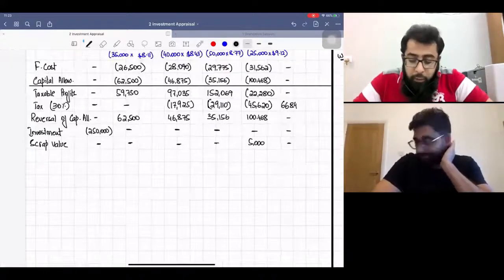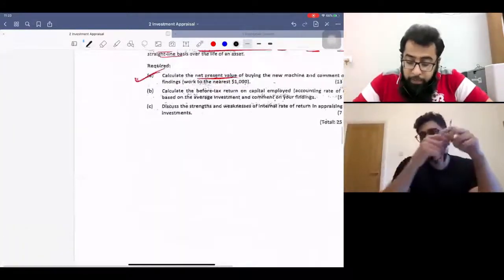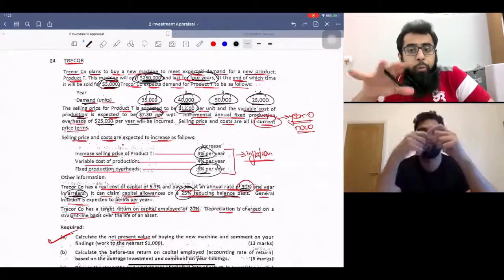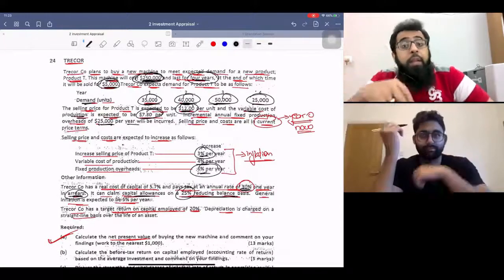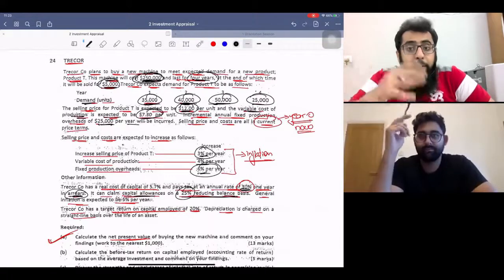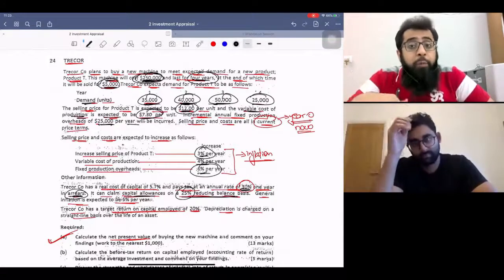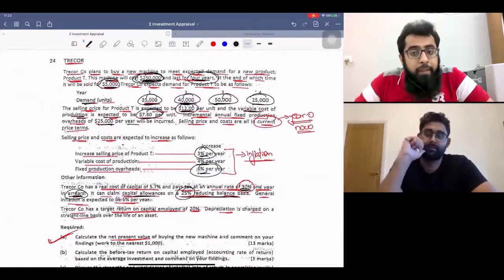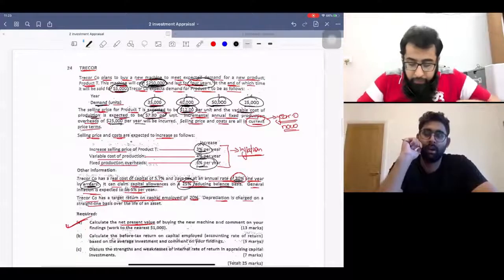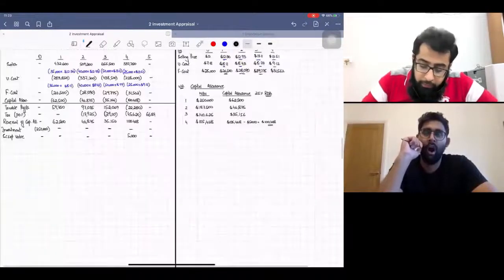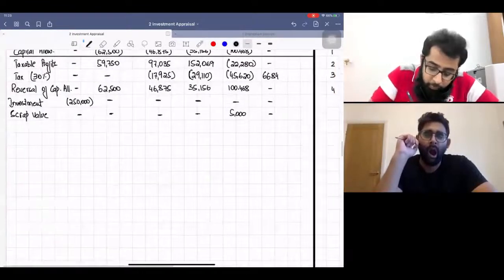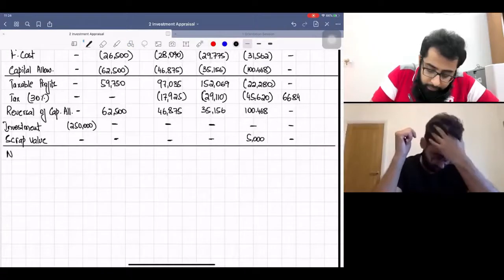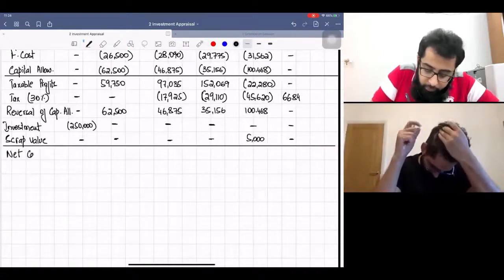Now, this question did not include any working capital investments. Now, I will take you through 2-3 questions in which we will consider incremental working capital, one-off working capital, recovery of working capital, so that you can revise all of the adjustments. Now this number which we will get will be called net cash flows.